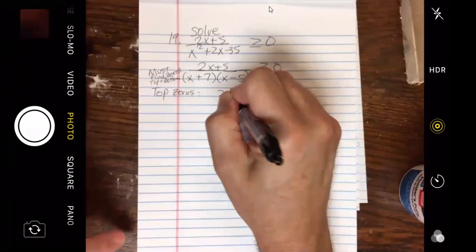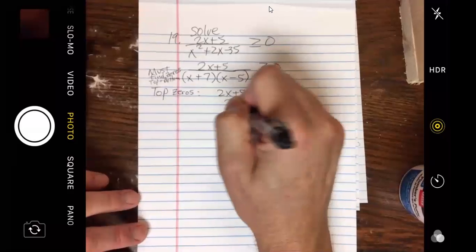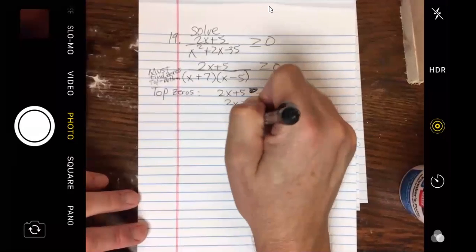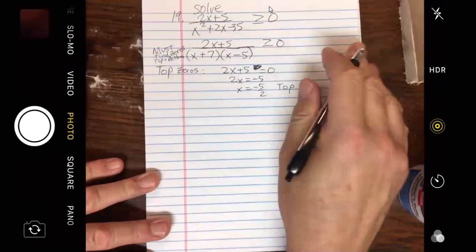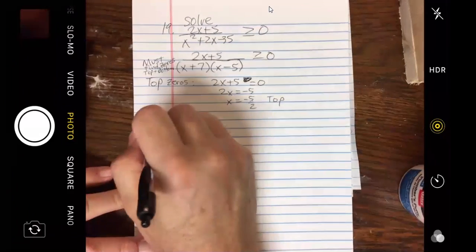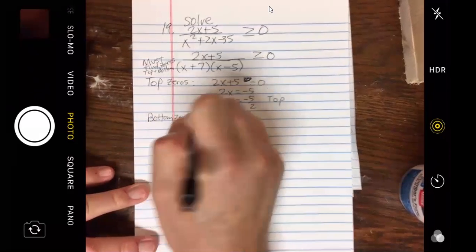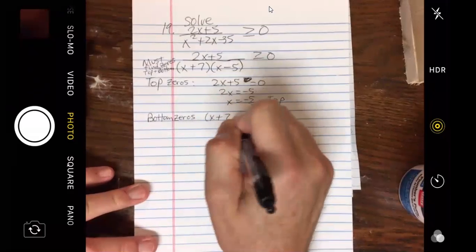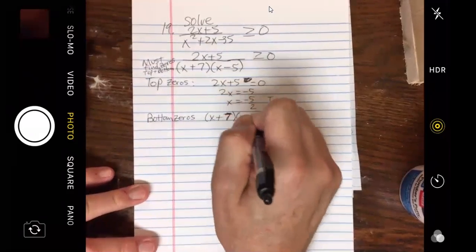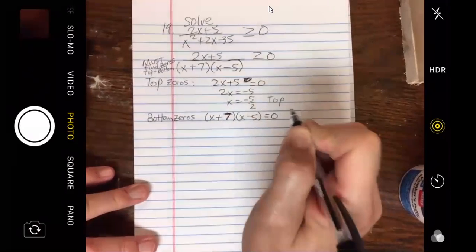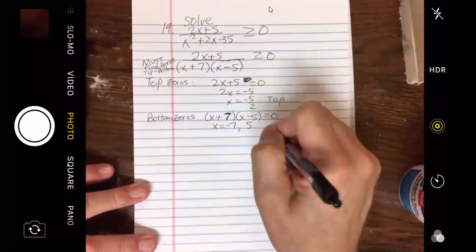You're trying to find the exact number that makes this 0. So 2x equals -5 and x is -5/2. That comes from the top. Bottom zeros: x plus 7 and x minus 5 equals 0, which means x is -7 and positive 5. These are from the bottom.